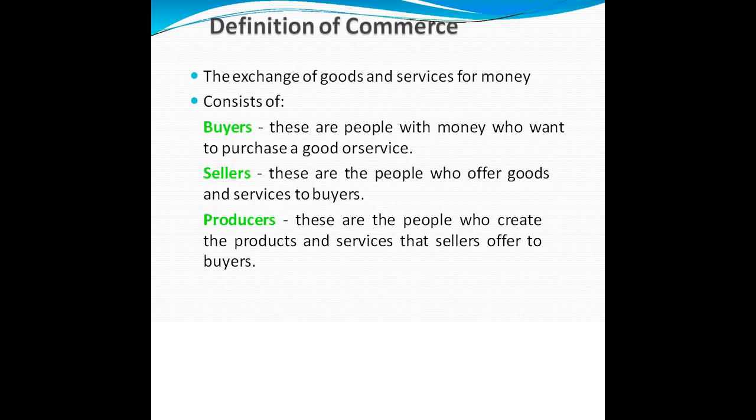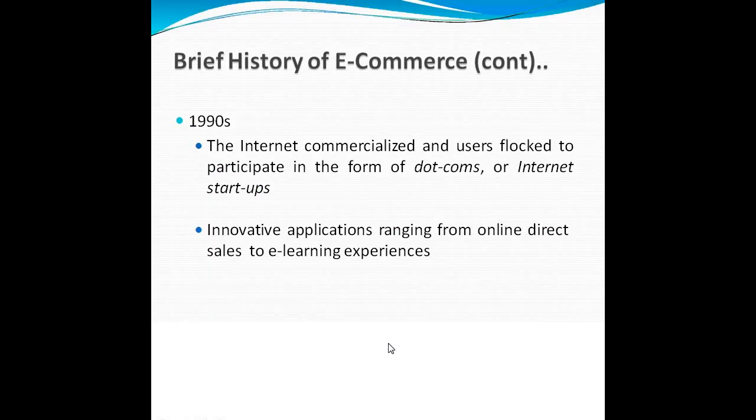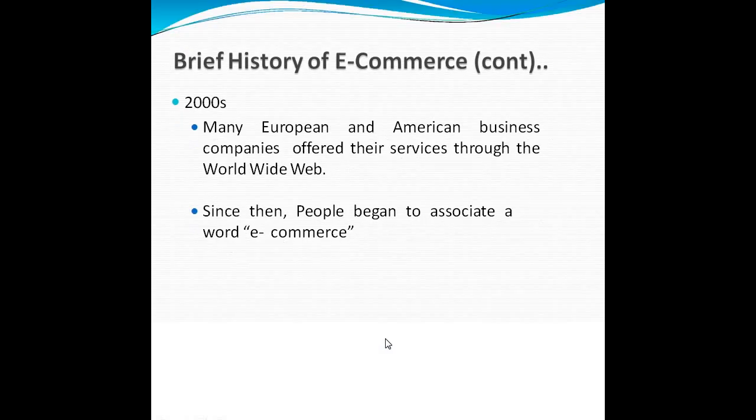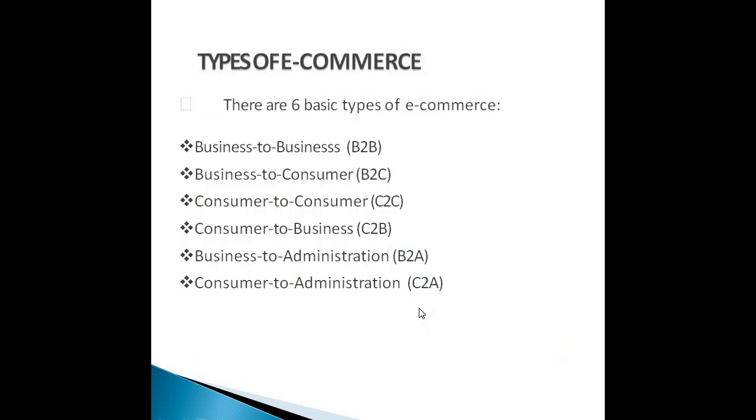Now, this is the definition of e-commerce at the level of buyers, sellers, and producers. Then we learned about a brief history of e-commerce in the 1970s, 80s, 1990s, and 2000. Different types of e-commerce on the basis of business and customer.